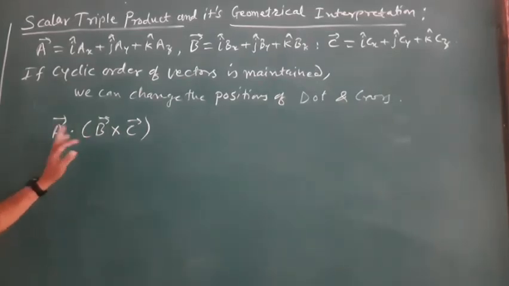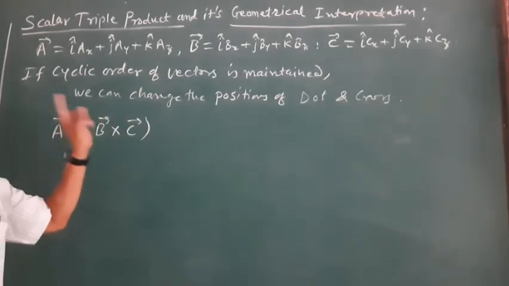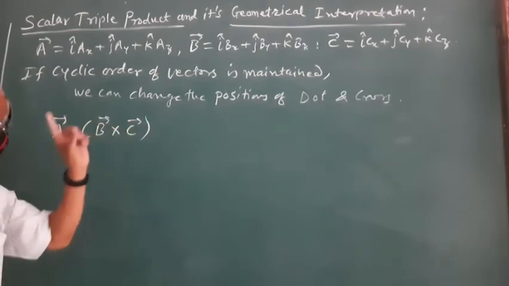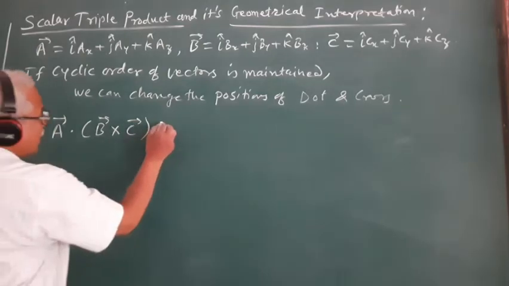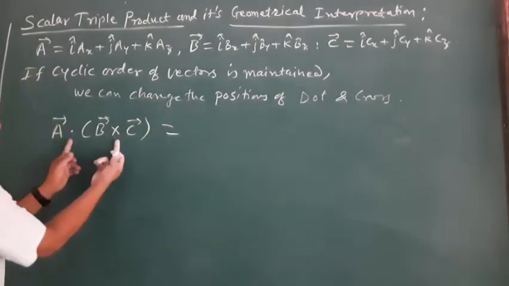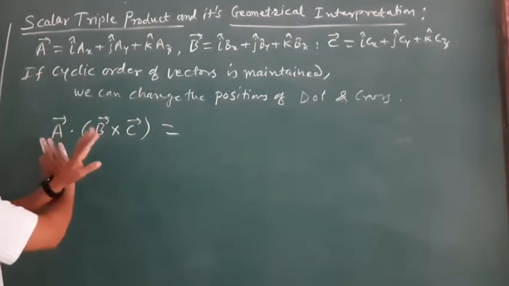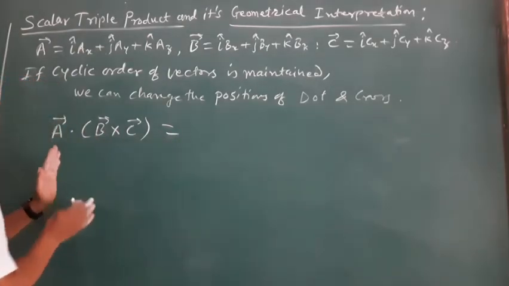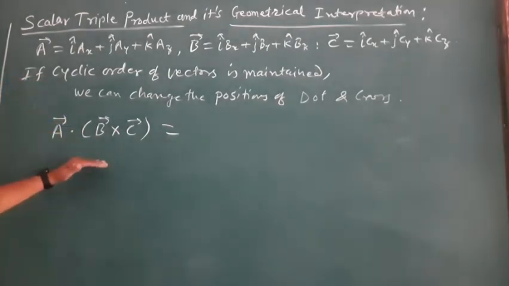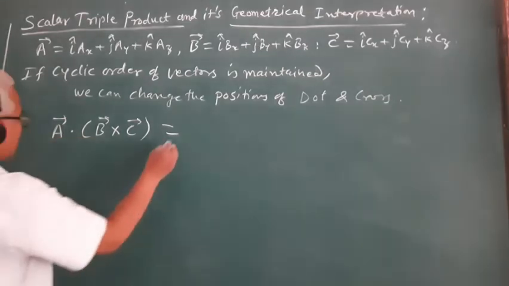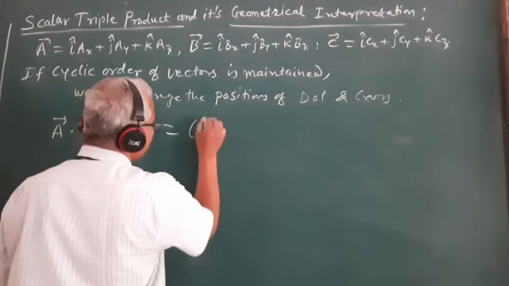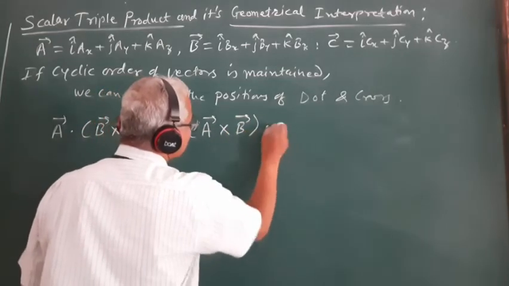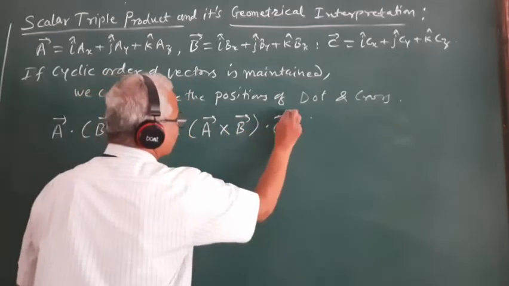Now, if the order of the vectors is maintained, then we can interchange the positions of dot and cross, so that the same scalar product of these three vectors can as well be expressed as a bar cross b bar dot c bar.